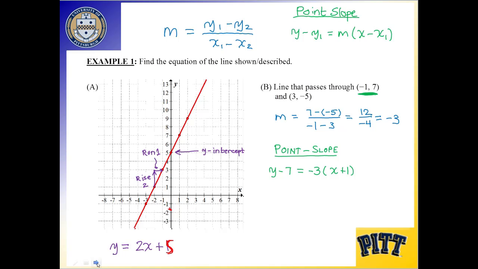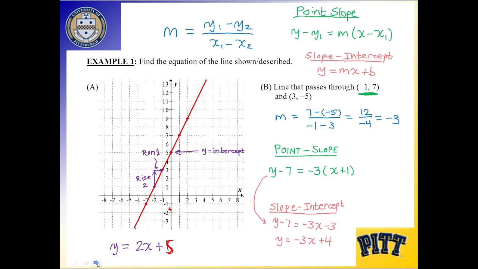That goes back to your rules for negatives. So that's an equation in point slope form. If I want to put it in slope-intercept form, all I have to do is distribute that -3 to get rid of the parentheses and isolate the y. If I distribute the -3, I get y minus 7 equals -3x minus 3, and when I add 7 to both sides, y equals -3x plus 4. That's the equation in slope-intercept form.